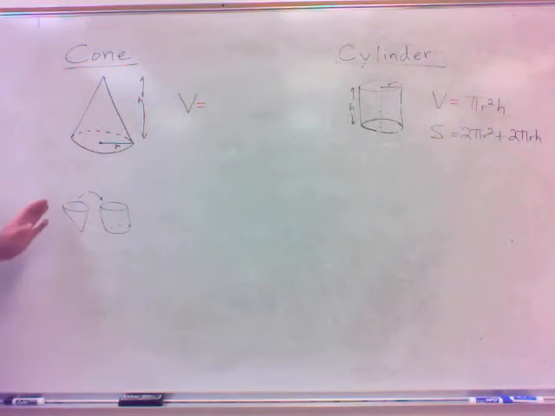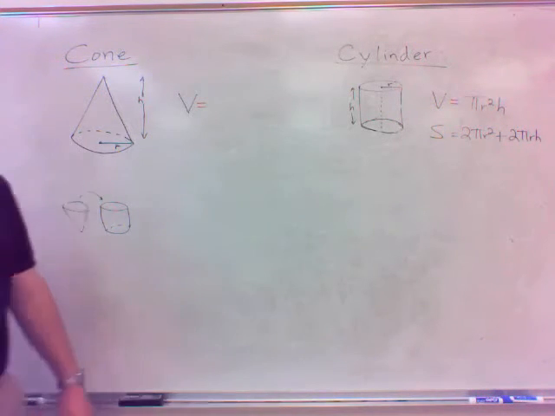How many of those cones would it take to fill the cylinder up? Well, most people would guess 2. However, it actually takes 3. I would have to do 3 of those cones filled with water, poured into that, to fill this cylinder up. Same dimensions on it.